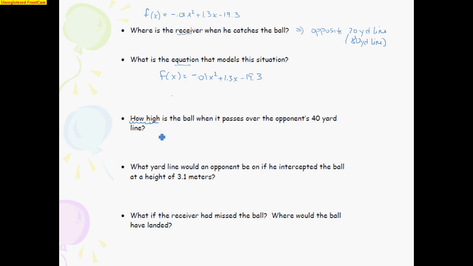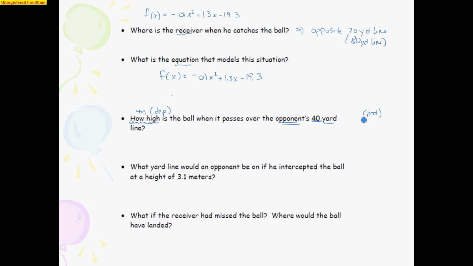How high? How high is a meter question, which is dependent. When is the ball when it passes over the opponent's 40-yard line? So that is a yard line, which is independent. But what is the opponent's 40? Right?